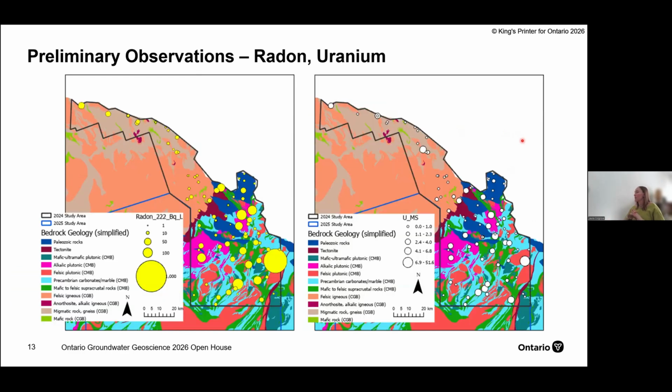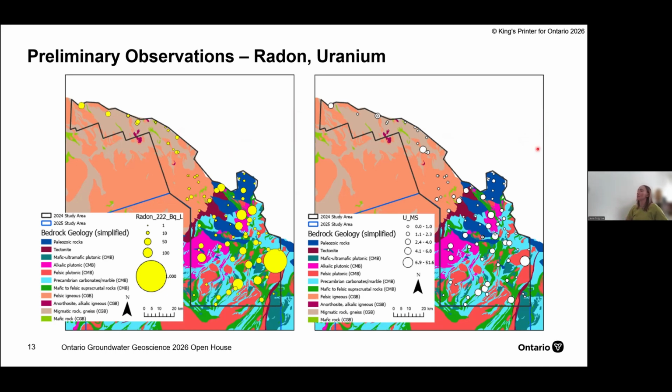Now, in both areas, we've seen elevated radon and uranium compared to other parts of the province that we've sampled in. So for Ottawa Valley, we were seeing that both parameters were more elevated in the metasedimentary belt than the gneissic belt.